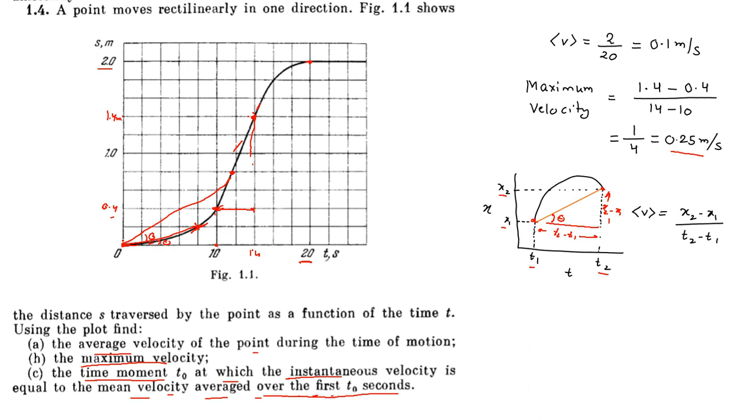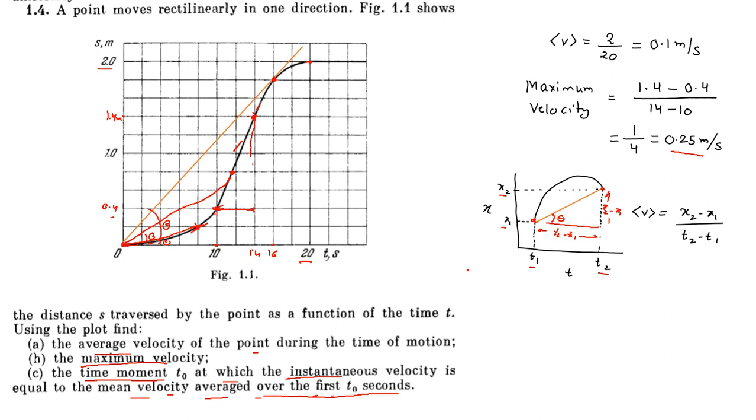Such a line will be represented by this line. So this line is tangent to the curve at this point. Therefore, at this point, the instantaneous velocity, which is the tangent, is also equal to the average velocity, which is the slope of this line. At this point, the time will be 16 seconds.